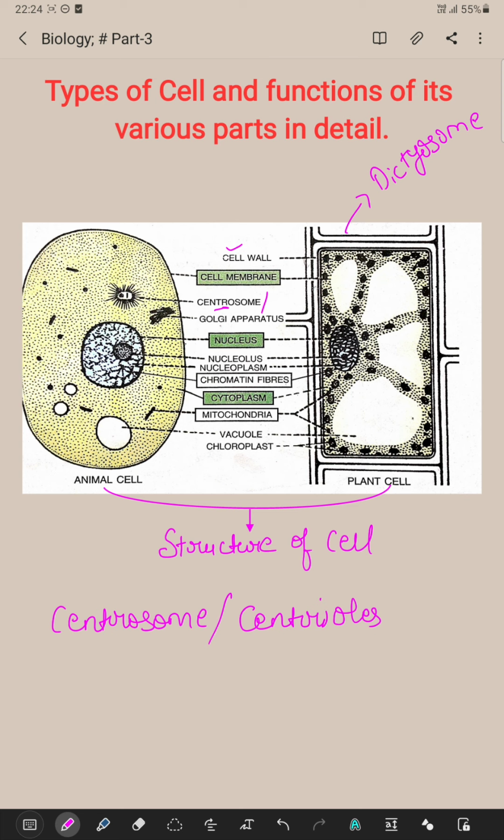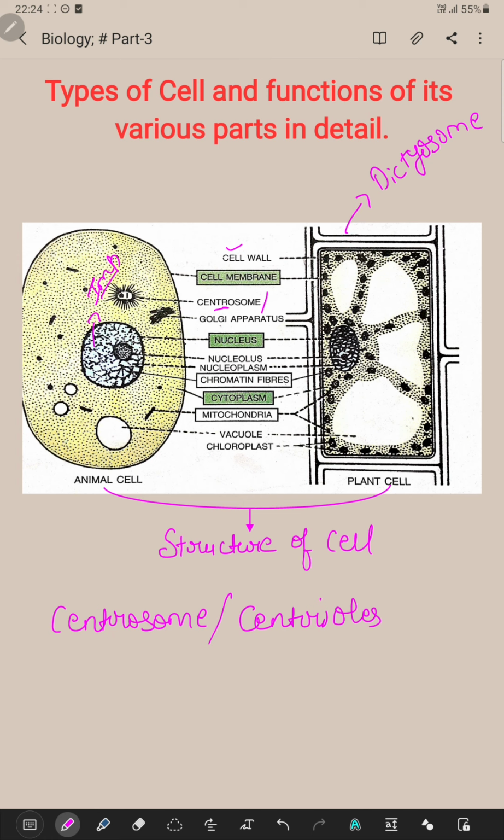We have chromatin fibers, nucleoplasm, which is present inside, and the most important thing which our human body needs for its functioning is contained in the nucleus. If you can guess, definitely watch my next video, and if you cannot, also watch it to understand what I am talking about.